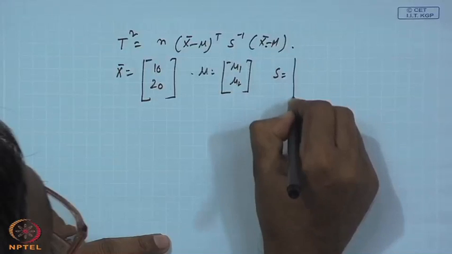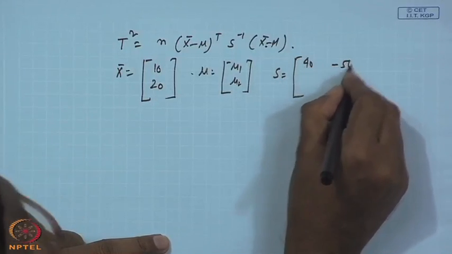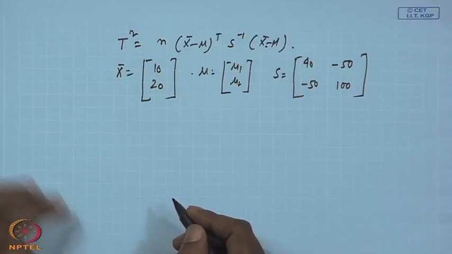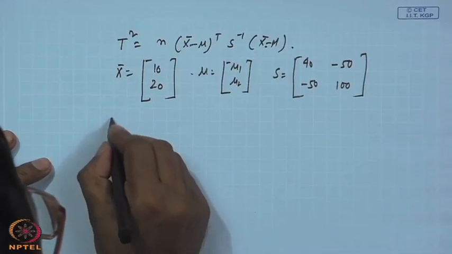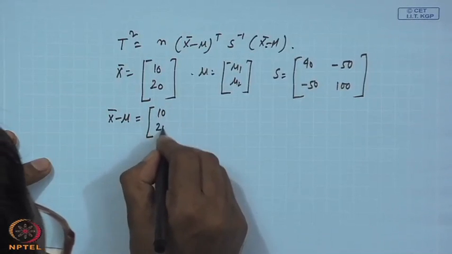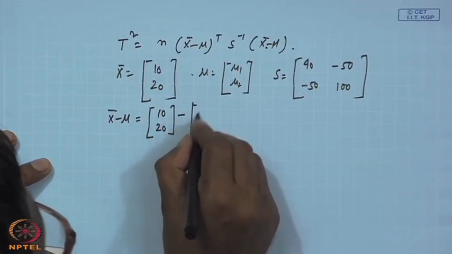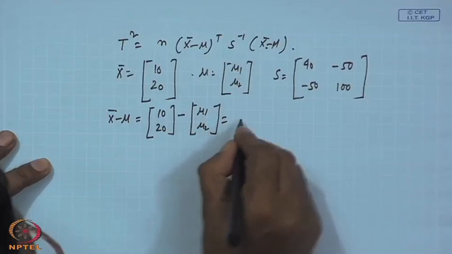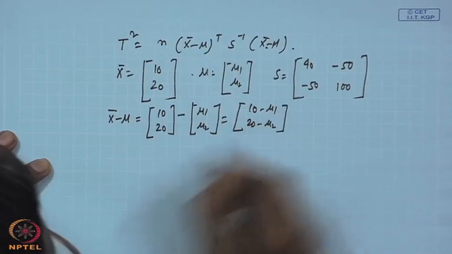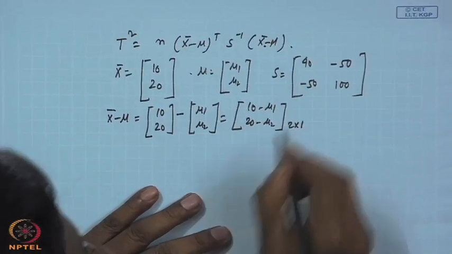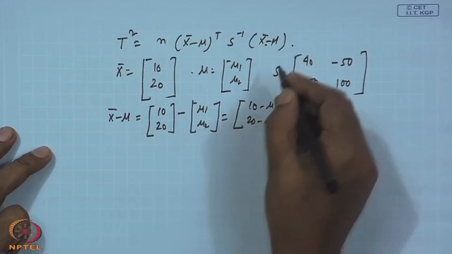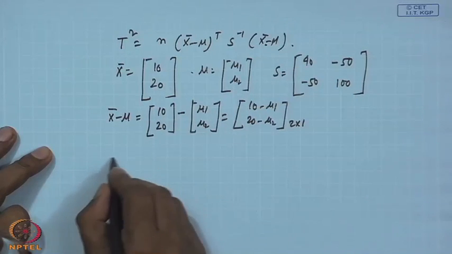S is given as 40, minus 50, minus 50, 100. What you require to compute first is x bar minus mu, which is 10, 20 minus mu 1, mu 2. This is nothing but 10 minus mu 1, 20 minus mu 2, which will be a 2 cross 1 vector.